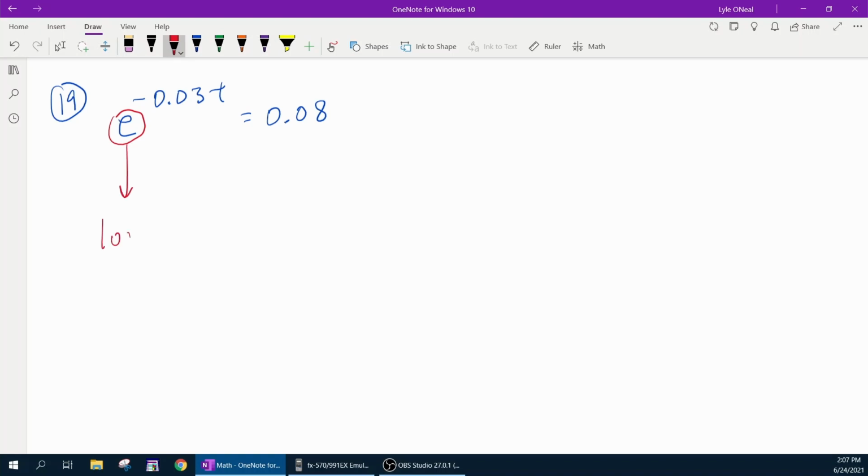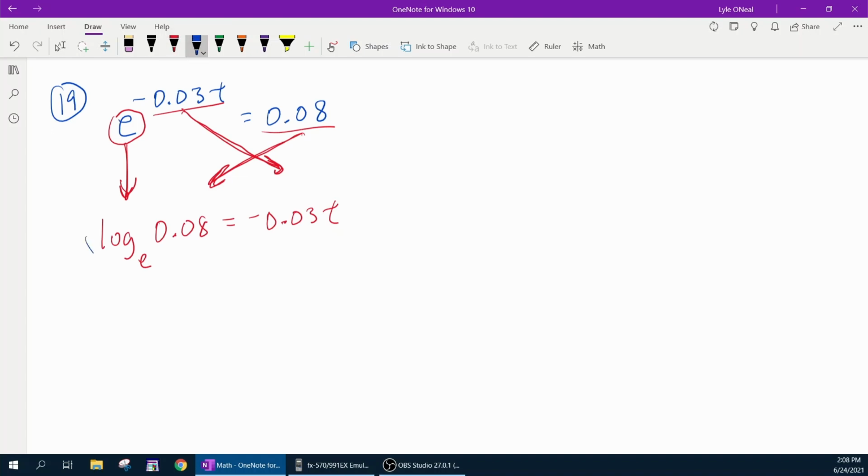That's going to become log base e of, switch the other two around. 0.08 equals negative 0.03t. Bring the base down, switch the other two around, converting from exponential to log.